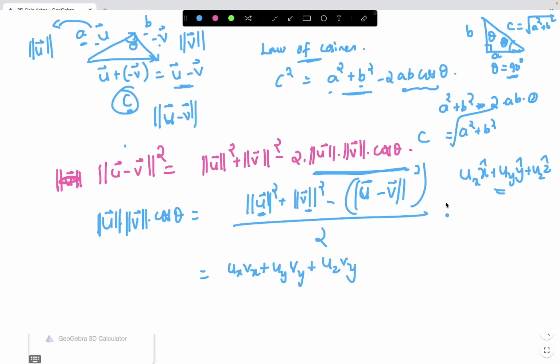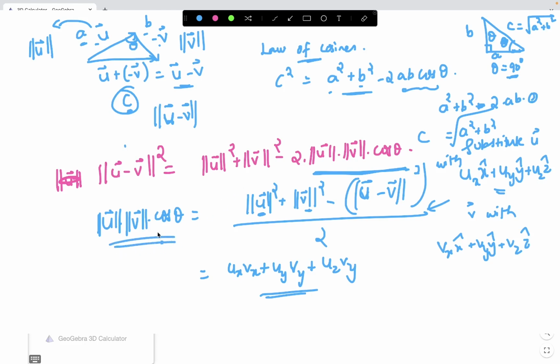I'm not solving this completely. We can say that we substitute vector u with this and vector v with vx x hat plus vy y hat plus vz z hat, right? So that's going to converge to the formula that we have already derived.